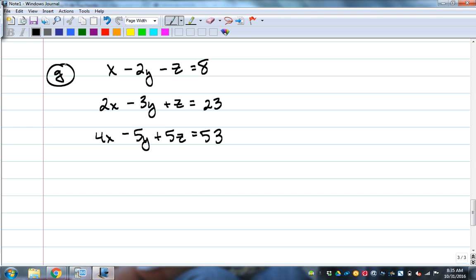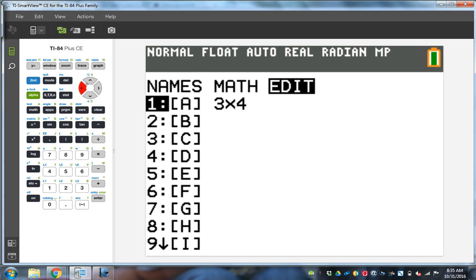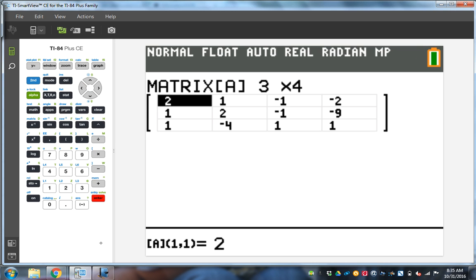Put that into a matrix and run your RREF on that. If you don't come up with all zeros on the bottom row, then something's gone wrong.